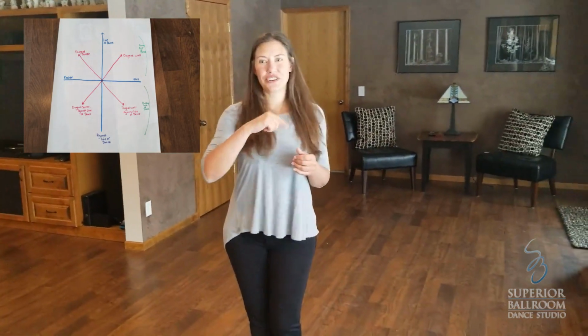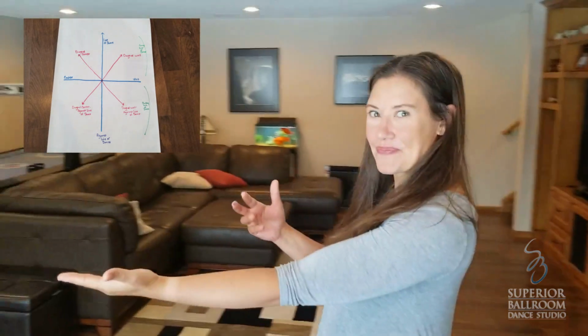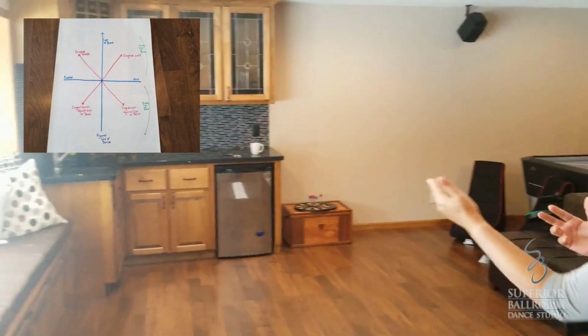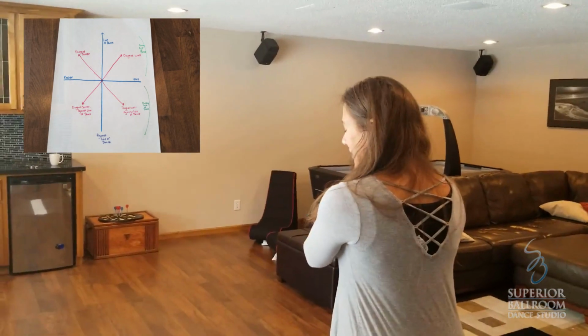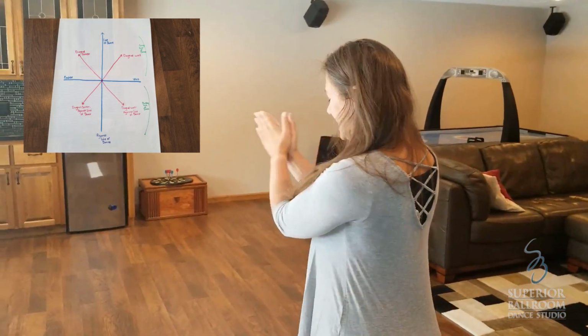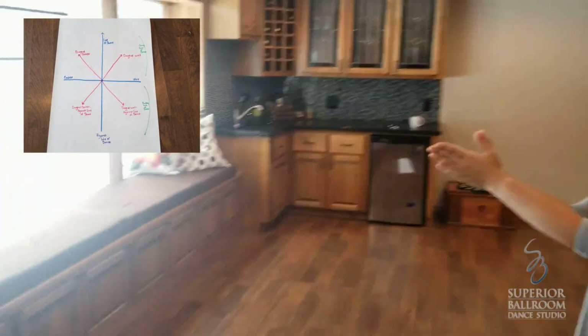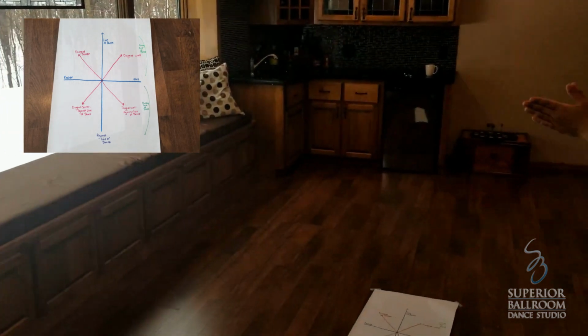So if we turn around, I am going to use my counter area as my line of dance. Then turning 90 degrees, I'm going to use my window as my center.